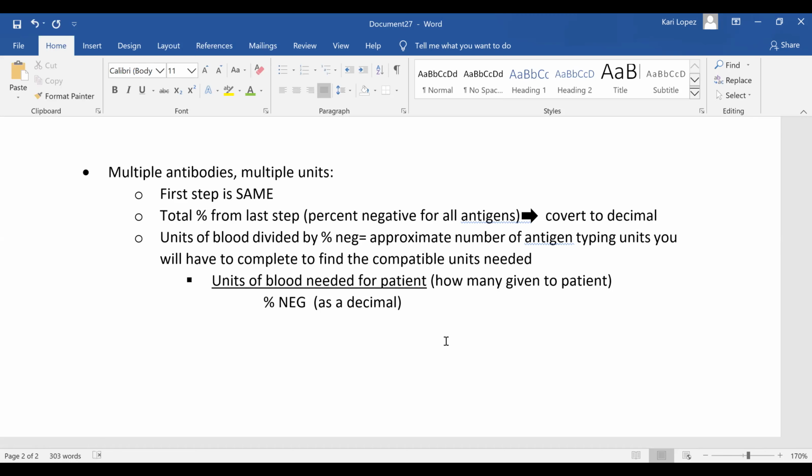Okay, and now before we get into the genotype, I want to do a couple key terms. The first one is homozygous.